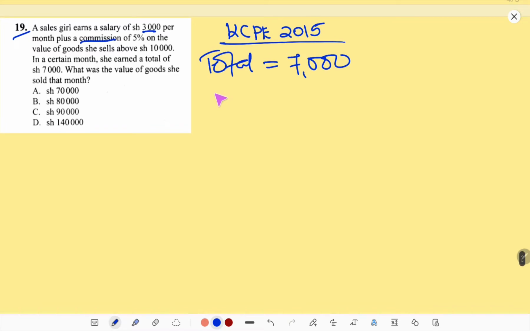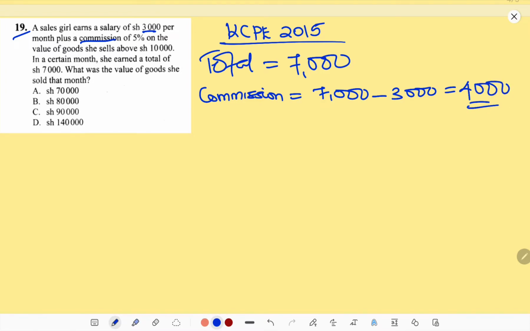So the commission for that month will be 7,000 minus the 3,000, you get 4,000. So in that month she got a commission of 4,000.